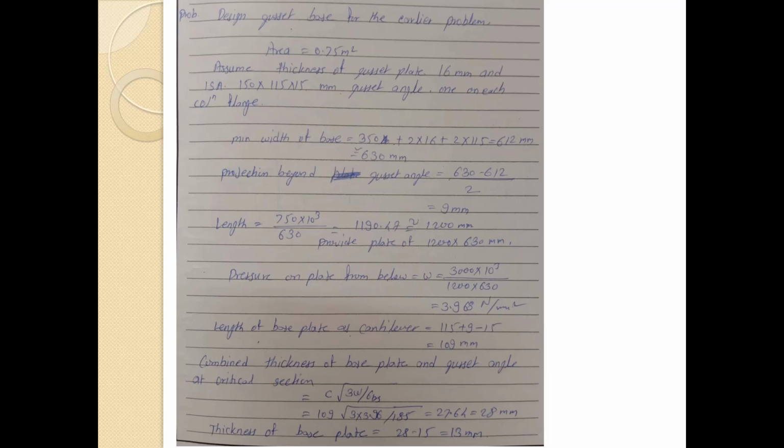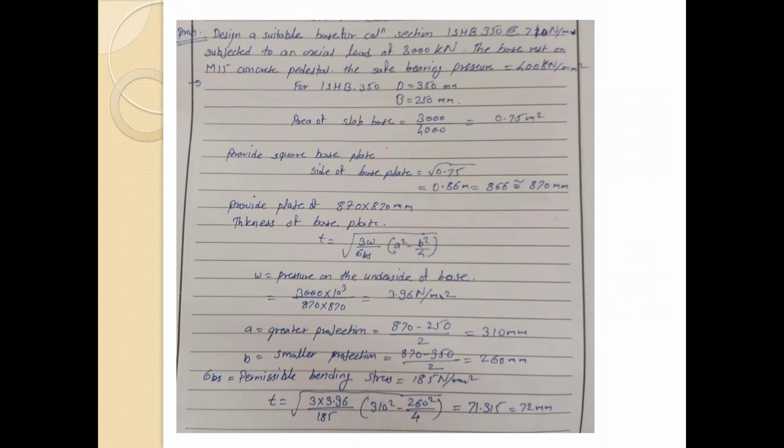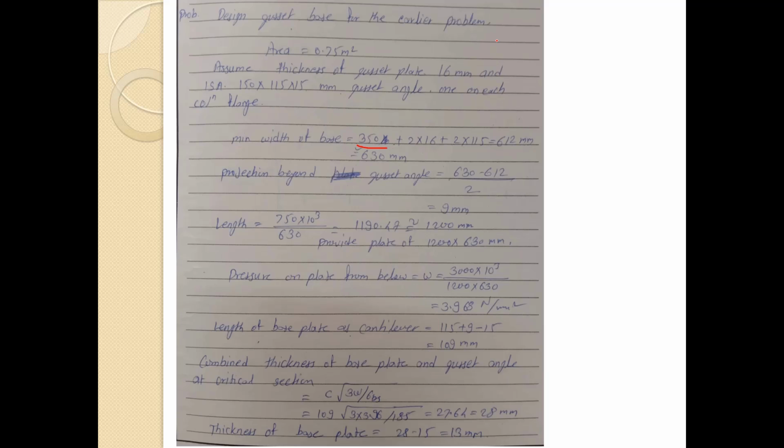Now the minimum width of the base: the width of the column is 350, because we have this ISHB 350 here, plus 2 into 16, that is the thickness of the gusset plate, plus 2 into 115, that is the length of the leg of the angle, and that becomes 612 mm, which is the minimum width of the base.